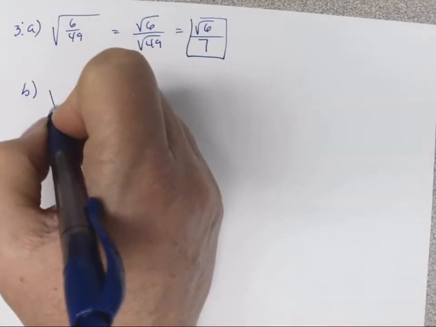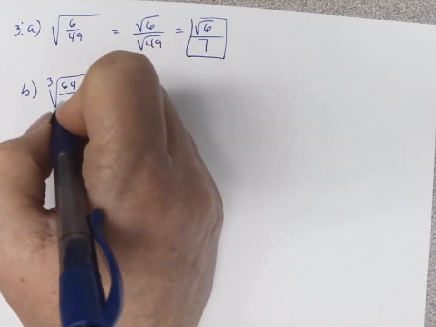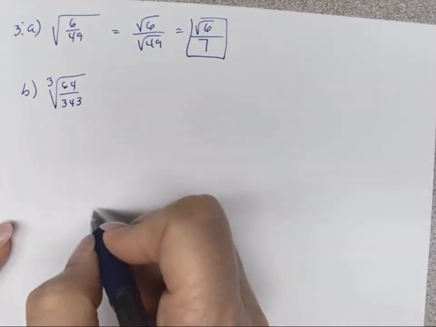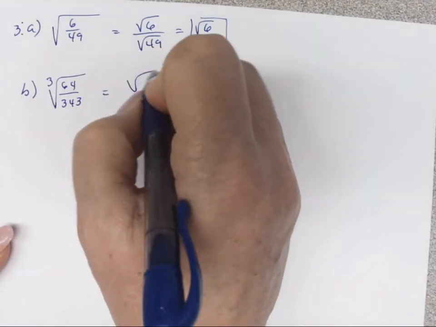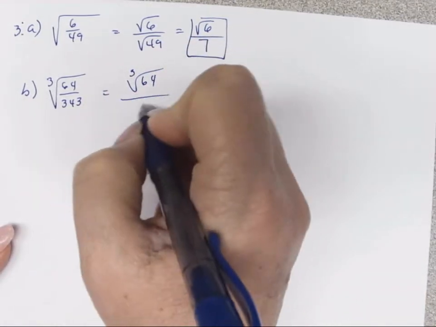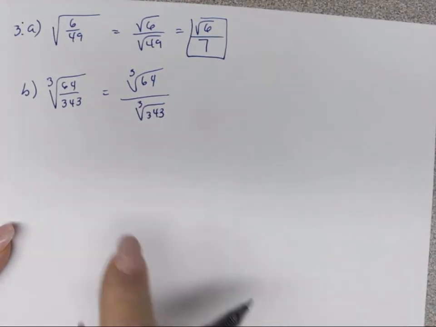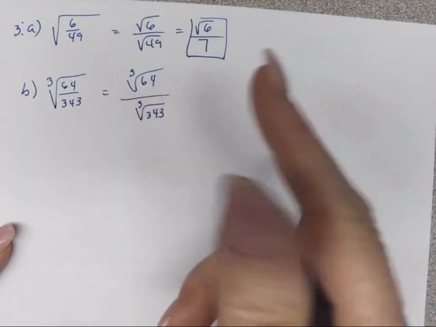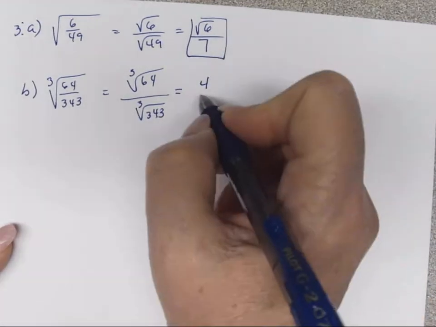If we have the cubed root of 64 over 343, we can again break it up. Cubed root of 64 over the cubed root of 343. Well, the cubed root of 64, that is a perfect cube, and it is 4. 4 times 4 times 4.